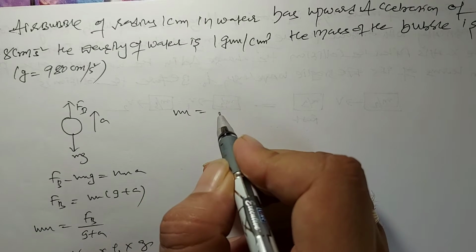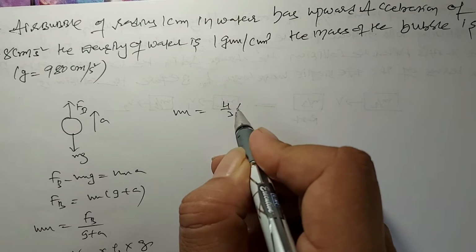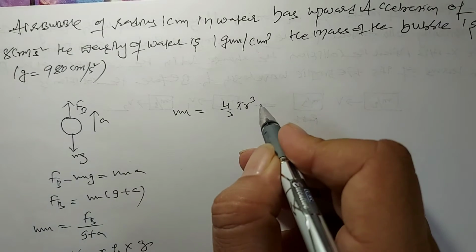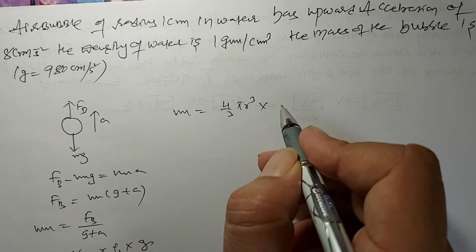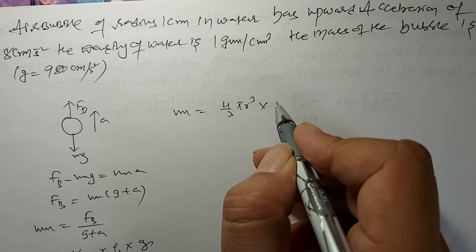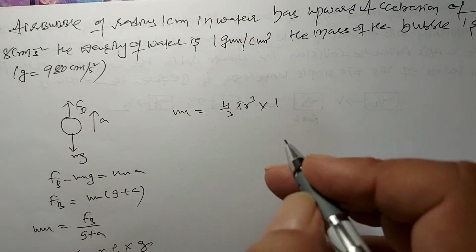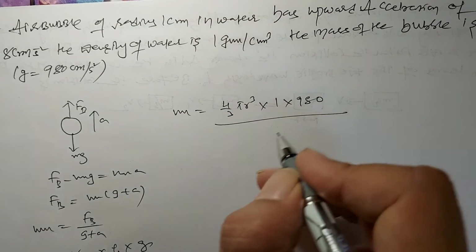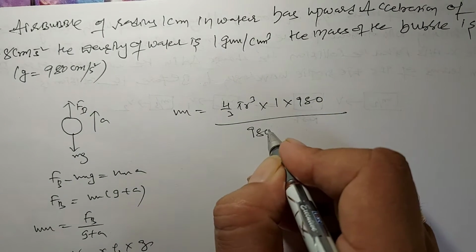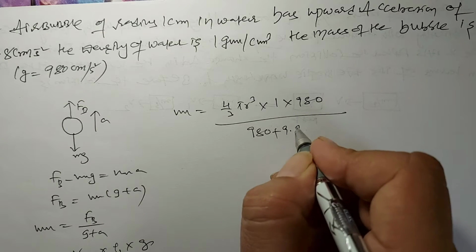Now we calculate the mass of the air bubble. m is equal to the volume of the bubble, which is 4 by 3 pi r cube, into the density of the liquid. Here they gave the density of the liquid as 1, the g value as 980, divided by 980 plus the upward acceleration, 9.8.